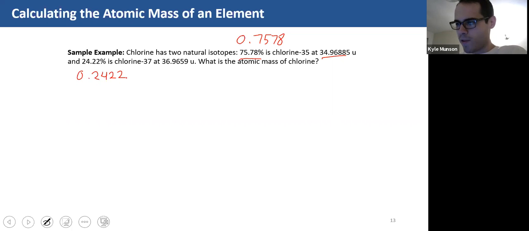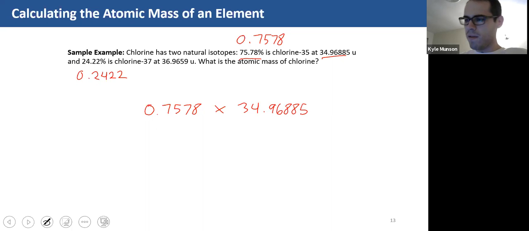So let's do that. For the first isotope, this is its abundance, 0.7578, times 34.96885.